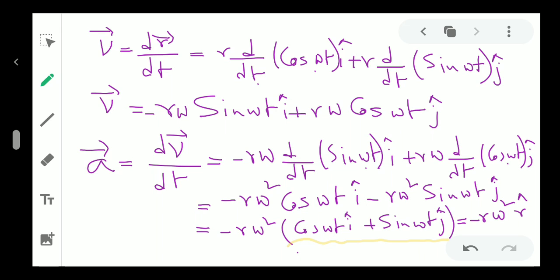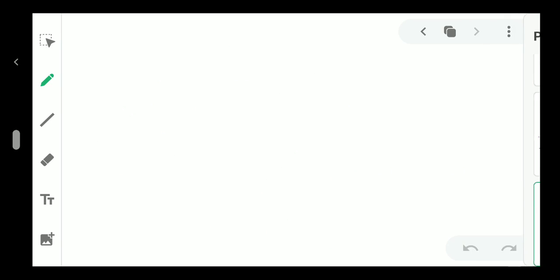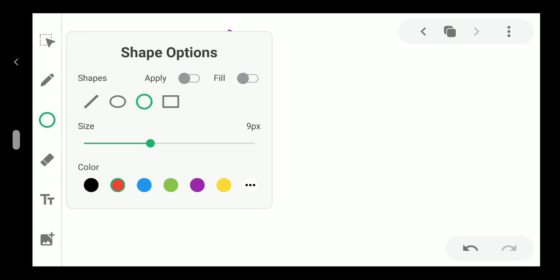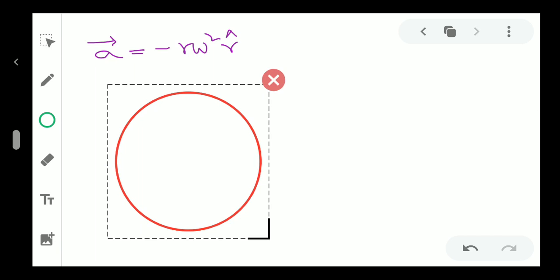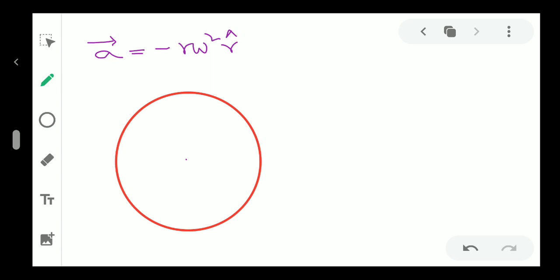So what is this r cap? r cap is merely the direction of this acceleration vector, and in my next page I will write this acceleration term again. So we have got that this is minus r omega square r cap. Now coming to our realization, let's say this is my circular motion, and this is my center, and the body is revolving somehow.